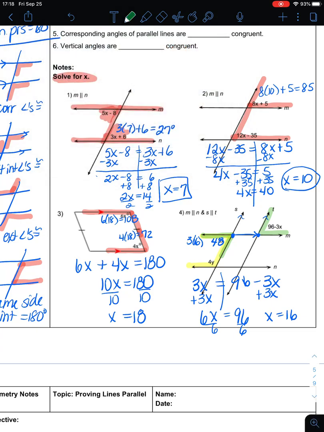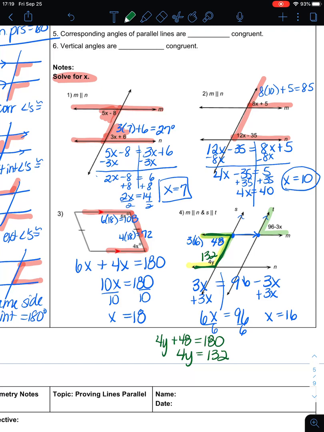So now you have a couple of ways you can look at this next part. You can either recognize that these 2 angles here are same side interior angles, and so they're supplementary. So 4y plus 48 is equal to 180. Or, if you recognize that, you could also say, well, then this angle has to be 132 for those 2 angles to be supplementary.